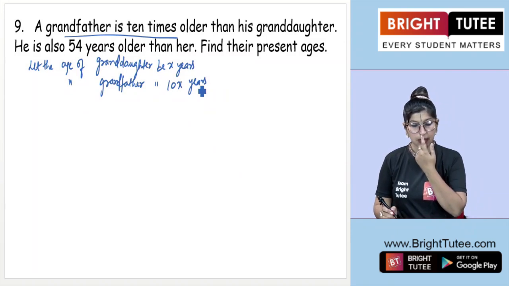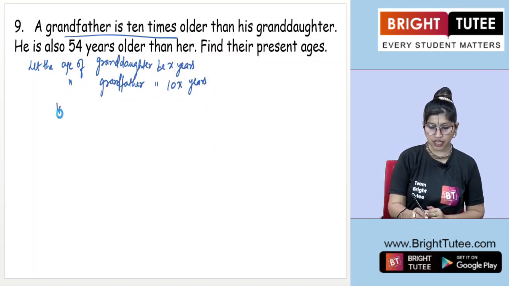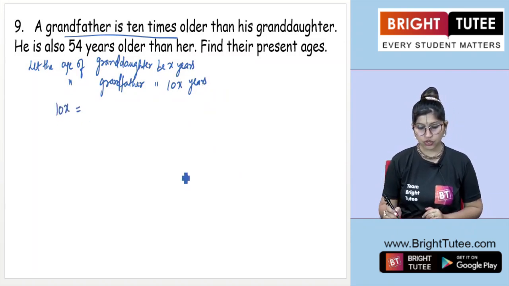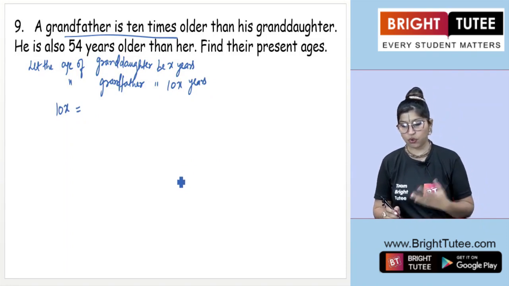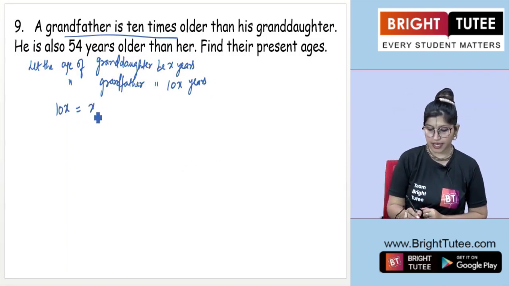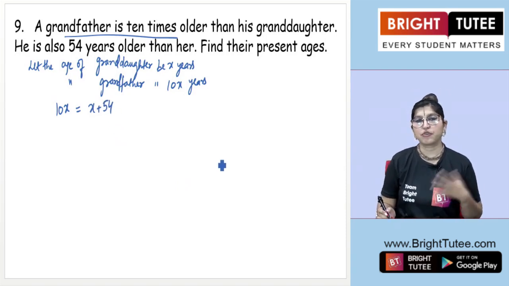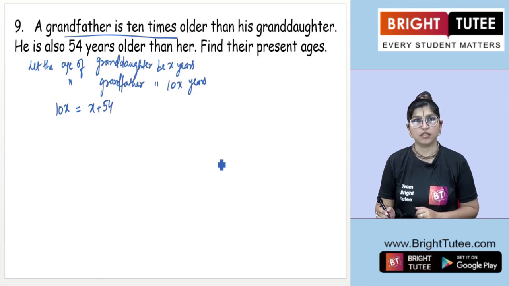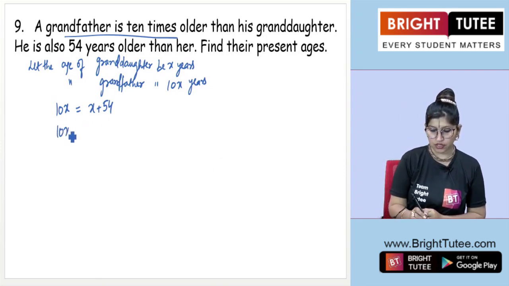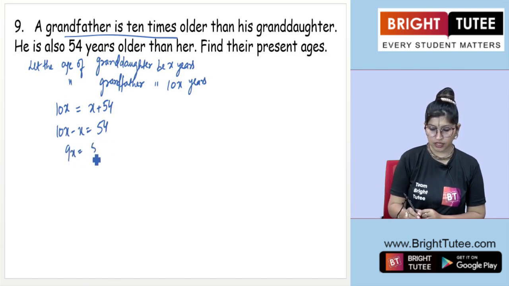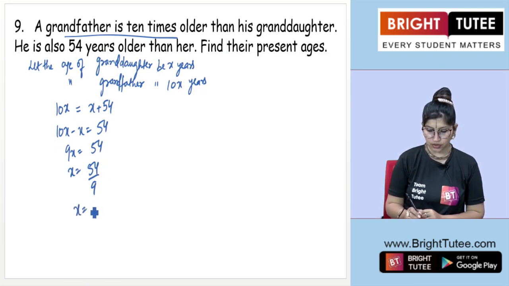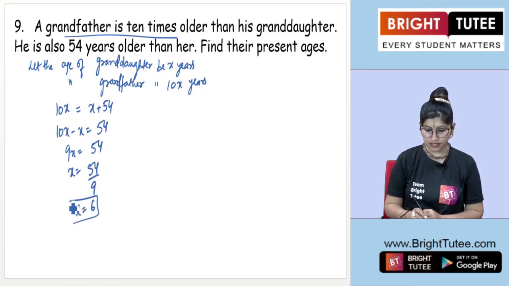Now it says he is also, that means the grandfather, that means 10x is equal to also 54 years older than her. That means x plus 54, as the grandfather is 54 years older than her. So solving this gives this. Now 9x is 54, x is 54 by 9, so x will be 6.